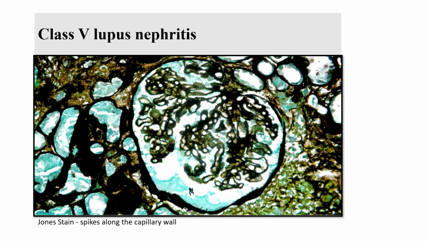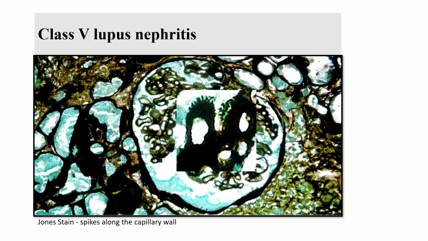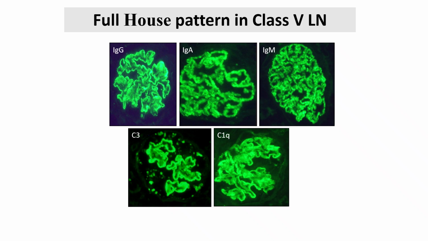Here we can see spikes upon the capillary walls on the Jones silver stain. These spikes can be appreciated at higher power. So this is the full house pattern in class 5 lupus nephritis.